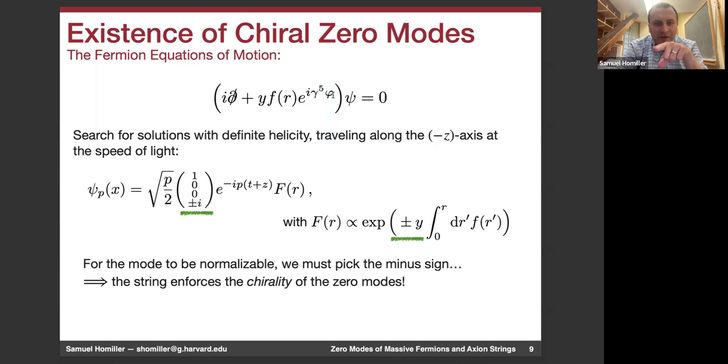I'm calling them axion strings, and so you can think about the axion as the phase component of the string profile. When I'm talking about it as a particle, as a field that has excitations, I'll call it theta of x. But usually I'm just going to be working in the string background, where phi is just the angular coordinate traveling around the string.